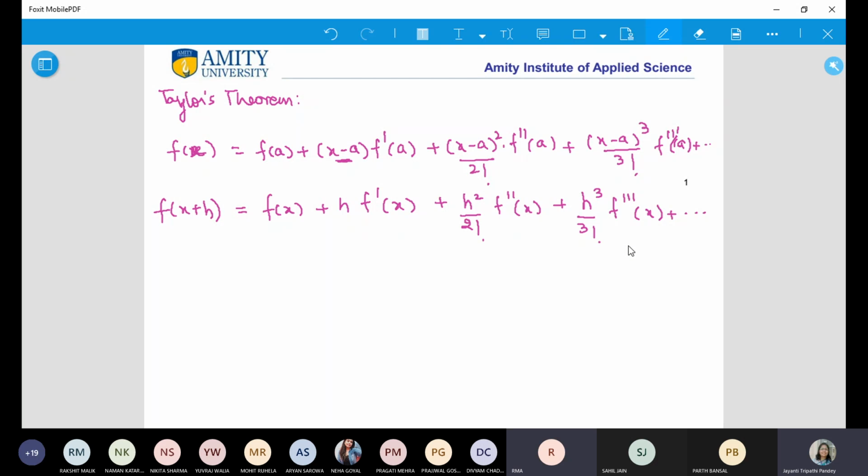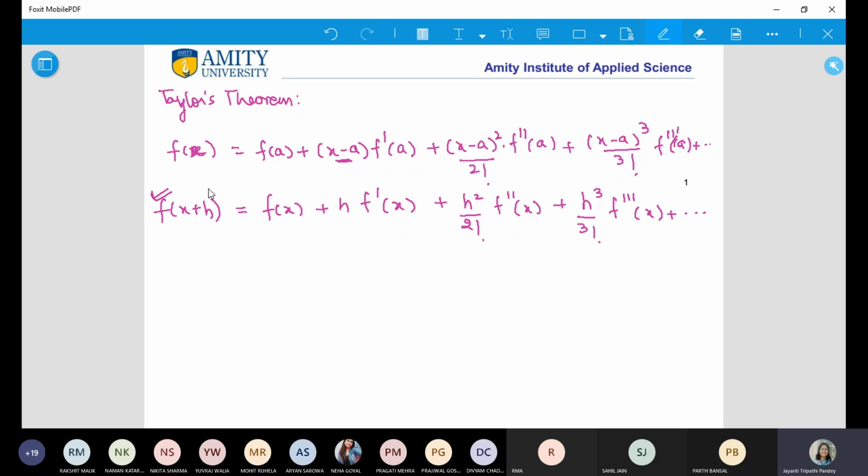Ma'am, can you repeat why we put h instead of x minus a? See, this is Taylor's theorem, this part. Now when you make this h as x minus a, this is the theorem and this is a special case.